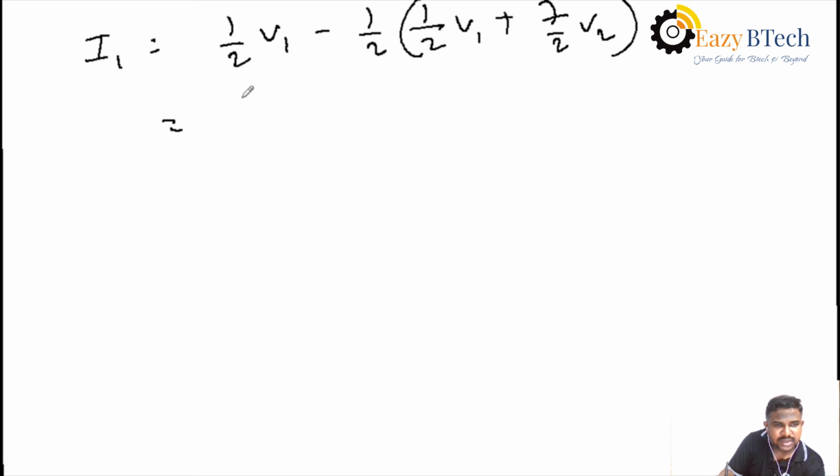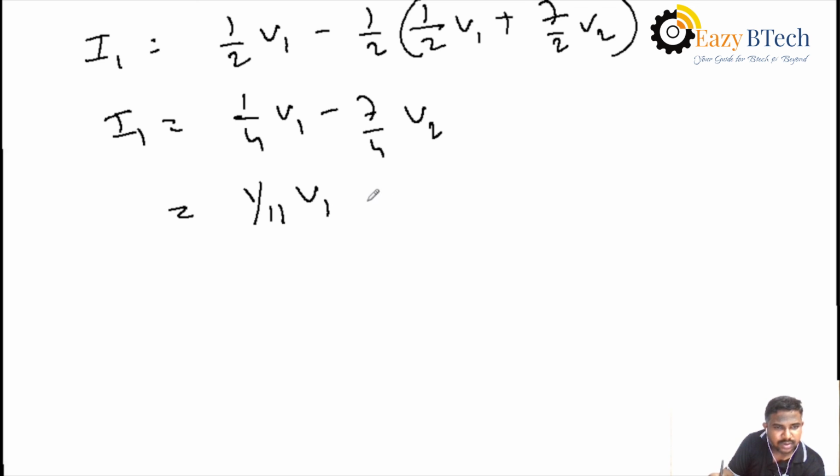1 by 2 minus 1 by 4, that is 1 by 4 V1 minus 7 by 4 V2. This value is I1. Then compare this value with Y11 V1 plus Y12 V2.